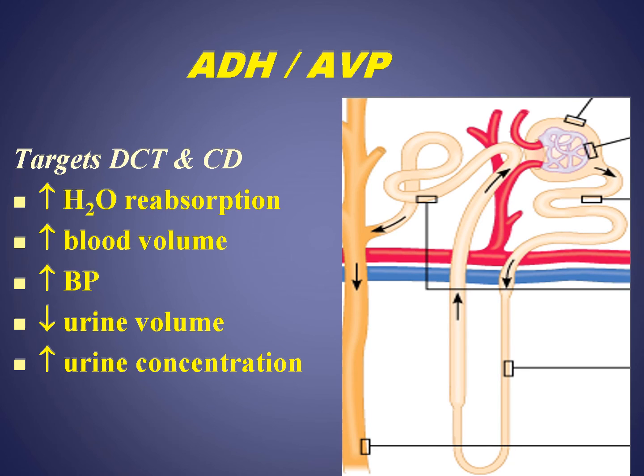Here we have ADH and AVP. The sites of action of this hormone are the terminal parts of the nephron, which are the distal convoluted tubule and the collecting duct. These are the common sites of action of antidiuretic hormone.